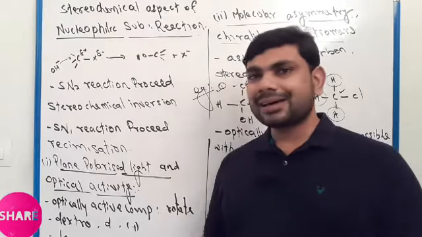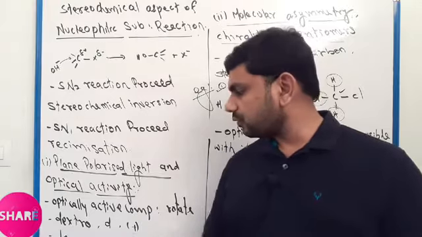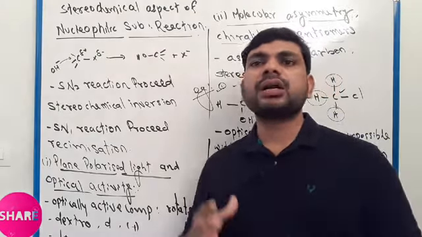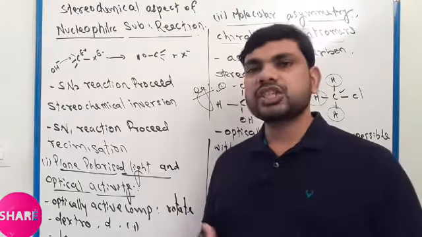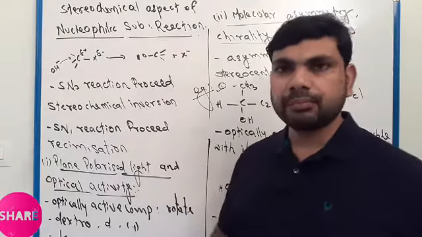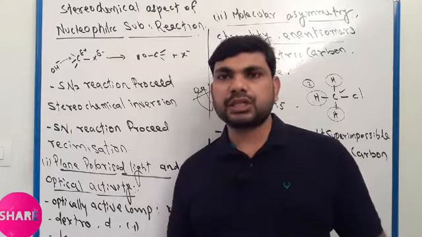Also remember, a racemic mixture means a mixture which contains equal amounts of D and L isomer. Such mixtures are called racemic mixtures. We discussed racemization. Racemization means a chemical reaction that produces a racemic mixture.